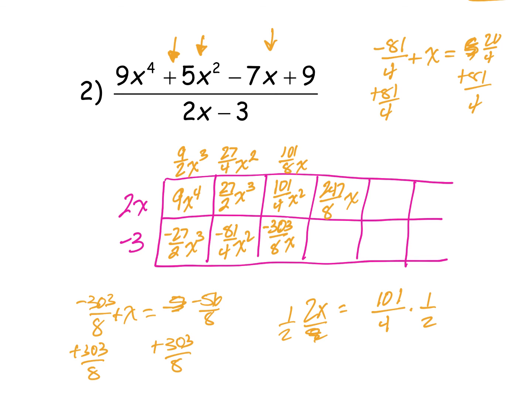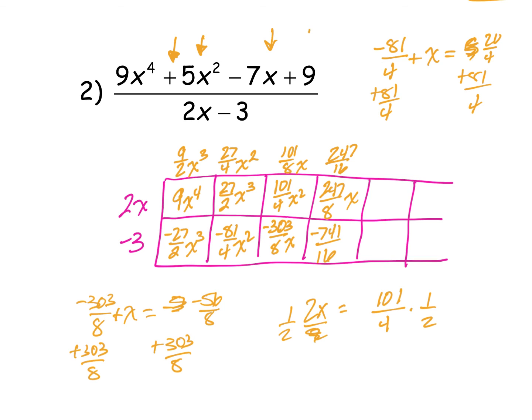So what do I multiply 2 by to get 247 eighths? 247 sixteenths. Very good. And negative 3 times 247 is negative 741 sixteenths.